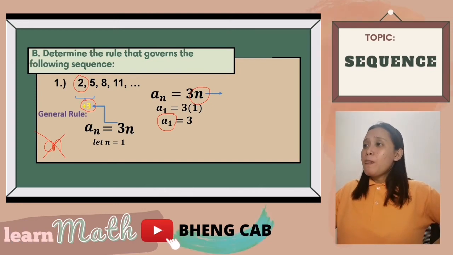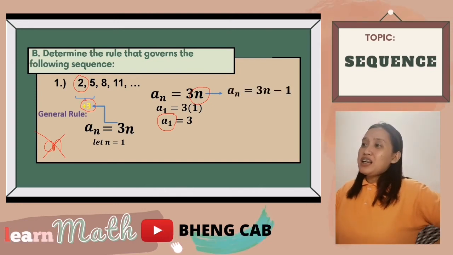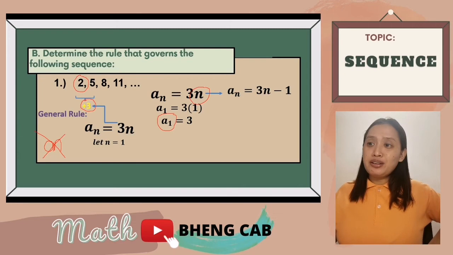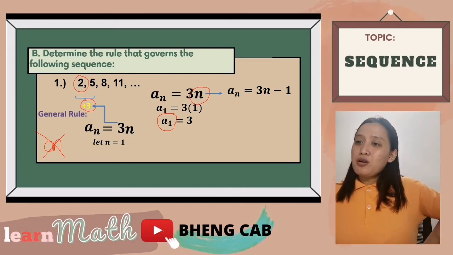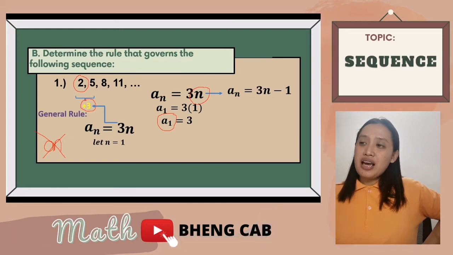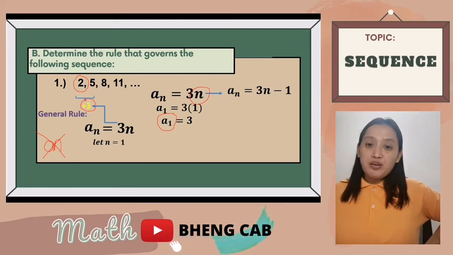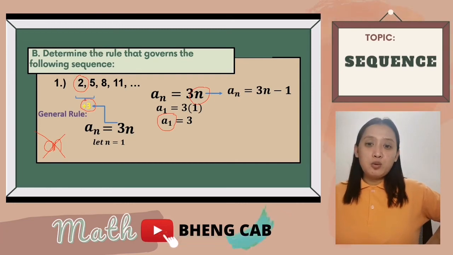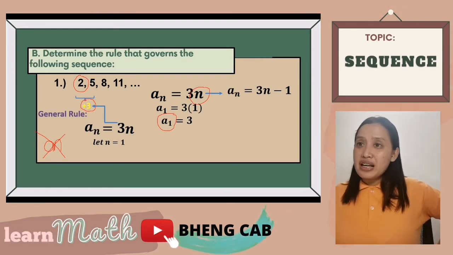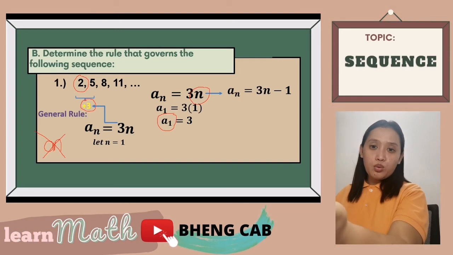If that's so, papalitan natin ngayon ang general rule na nakuha natin. How? Alam natin dito, in using a sub n equals to 3n, ang first term daw natin dapat ay 3. Pero ang original given natin ay 2. How can we make 3 into 2?